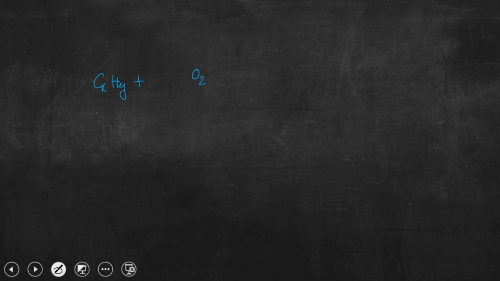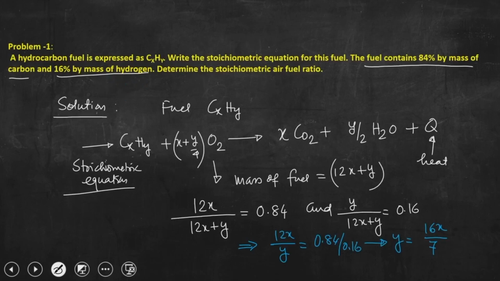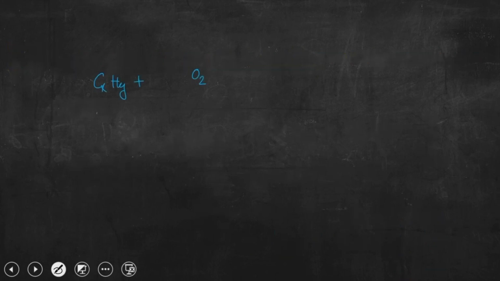If we write the value of y in this equation, then we can write this would be 11x by 7, that is x plus y upon 4.